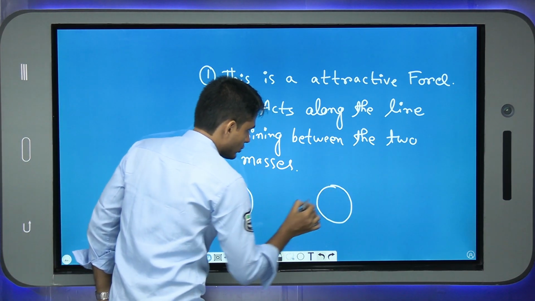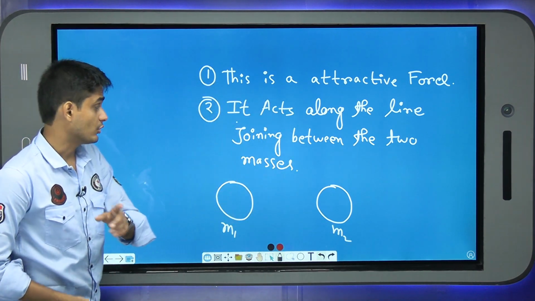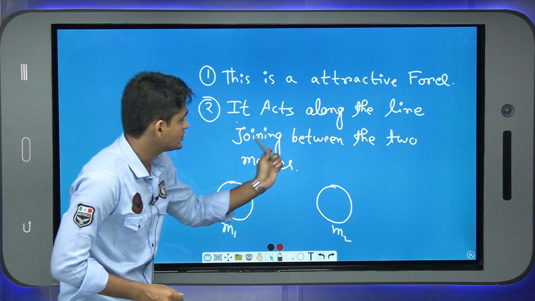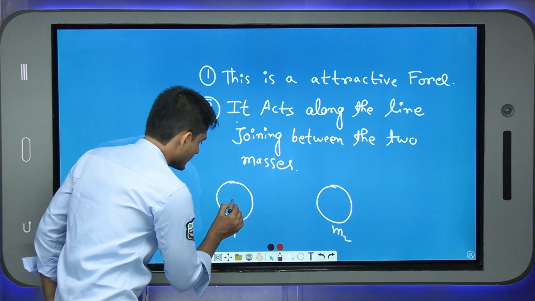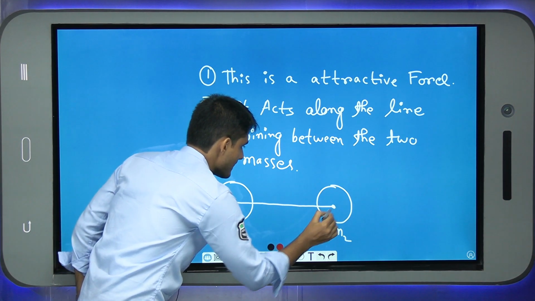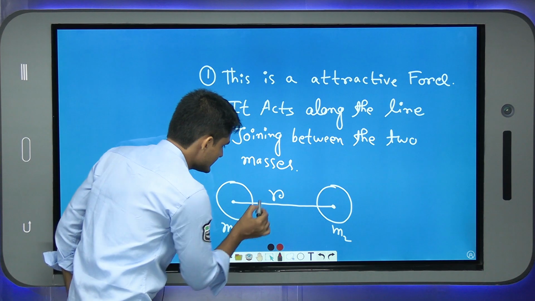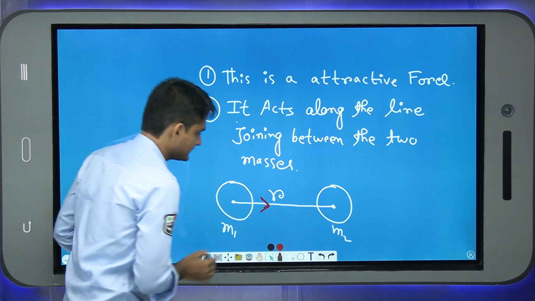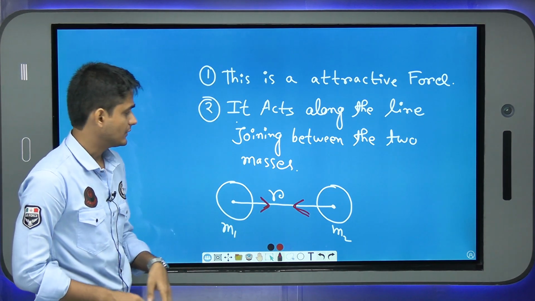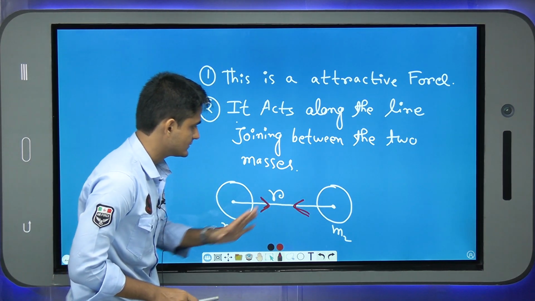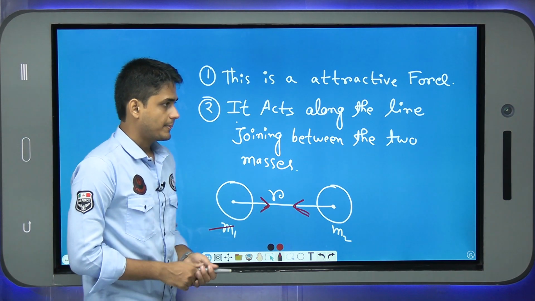Two masses m1 and m2. Very important. It acts along the line joining between the two masses, that is this. Okay, line joining between the two masses. Okay.